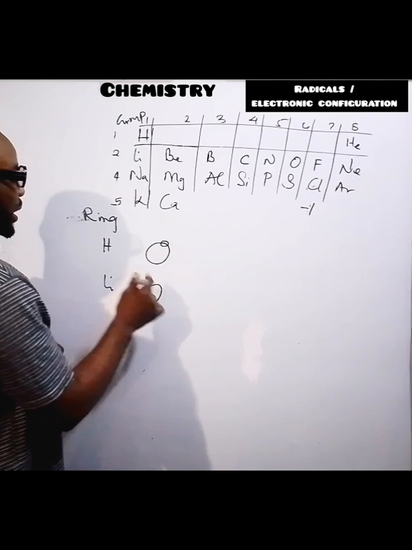Now, an important thing to note again is the maximum number of electrons that each s orbital, p orbital, d orbital, and f orbital can have. For the s orbital, the maximum number of electrons will be 2.